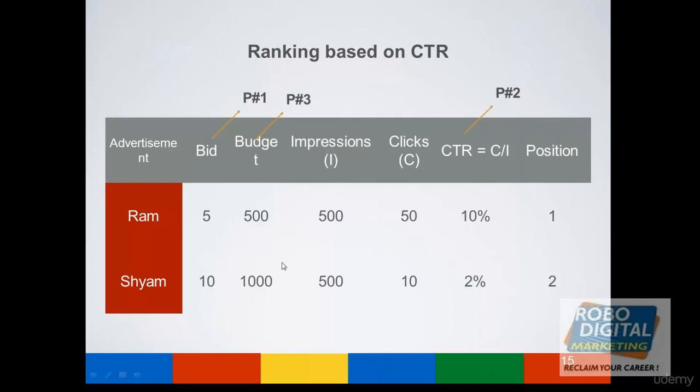Whereas Shyam is getting 10 clicks at a bid of 10, so 10 into 10 is 100 rupees. So Google is earning only 100 rupees here and 250 rupees there. So Google will give a higher position to the person who is giving more revenue to Google AdWords.